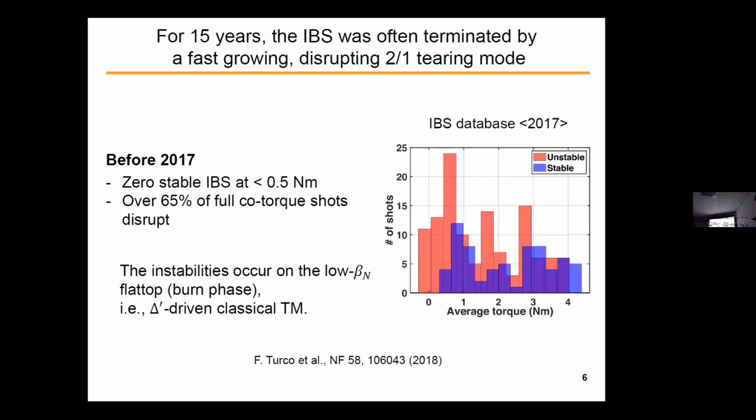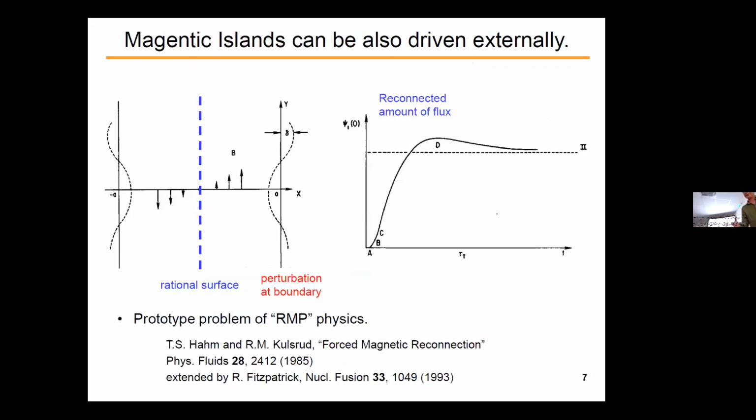If you look at the statistics, as the average torque goes down, the number of plasmas, this is the plasma which disrupted due to classical tearing mode, because this is low beta N plasmas, this is not the neoclassical version. So many plasmas end up disrupting, so we have to consider tearing instabilities and magnetic island dynamics rather seriously.